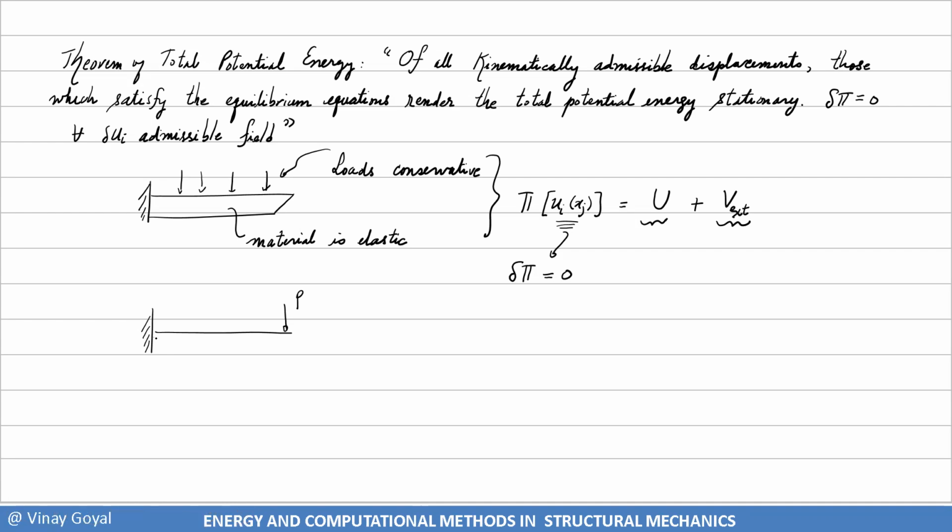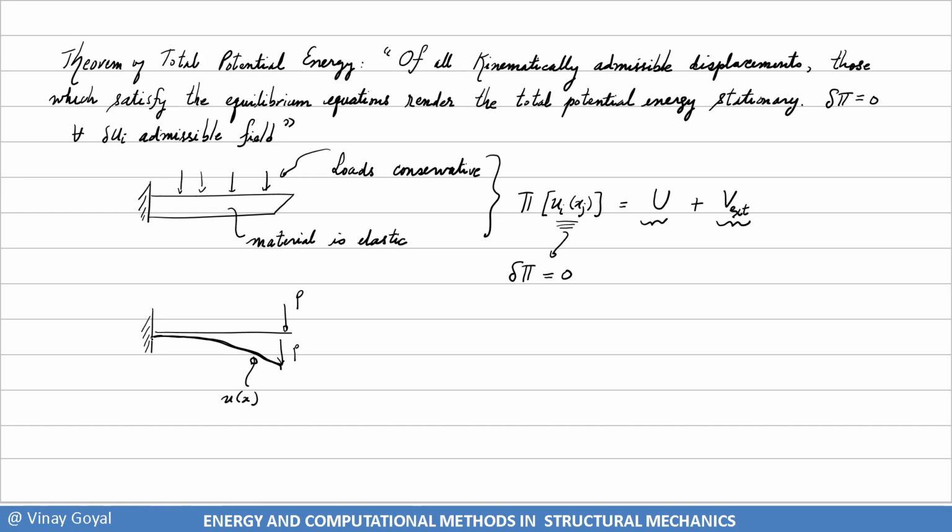The real solution is going to look something like this. We know it's going to look something like that. If the load is conservative and the material is elastic, maybe this is the real deflection of the body. U of x is a real solution to the problem.